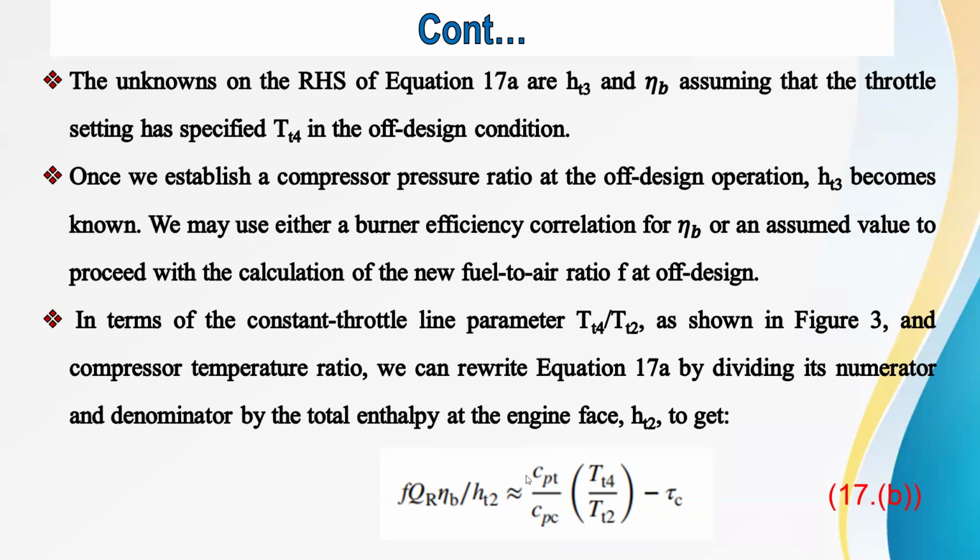Here, the specific heat at turbine divided by specific heat at compressor are different, because as the gas is heated to maximum temperature, the value of Cp is different. This is times temperature at 4 over temperature at 2 minus tau C. That tau C is also another ratio.